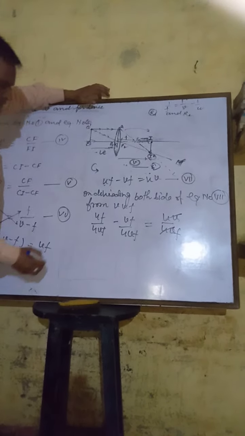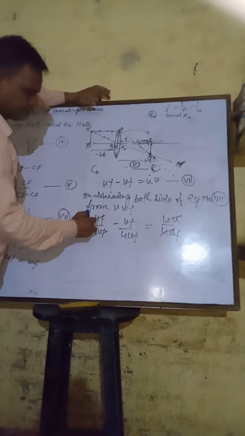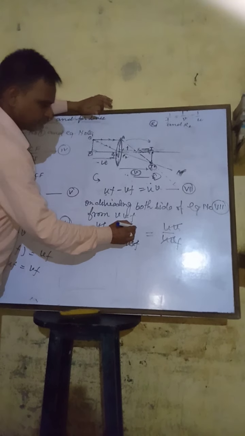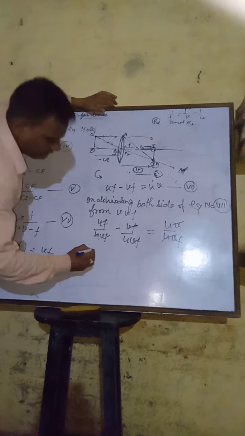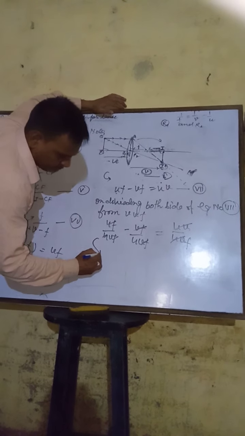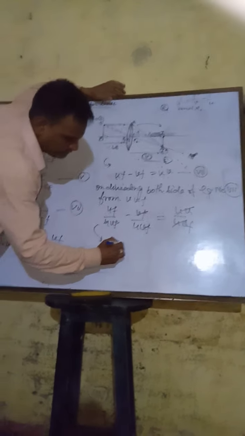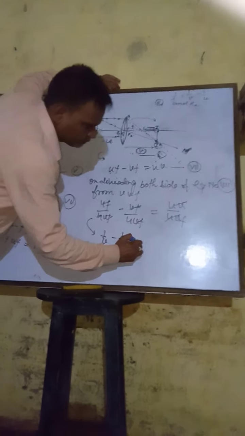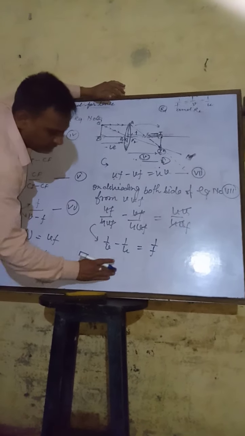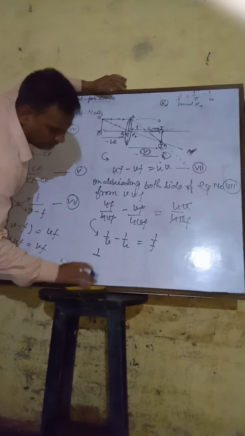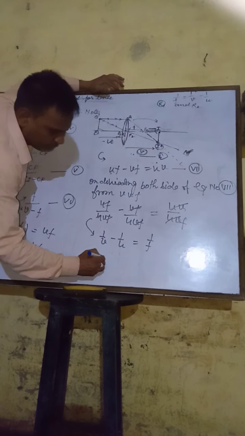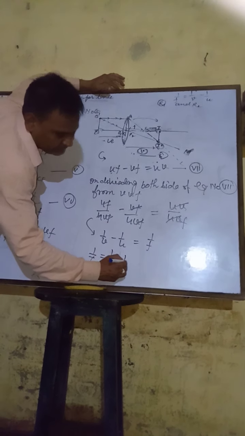Here uf cancels, vf cancels and uv cancels. In the further step, we will find 1 upon v minus 1 upon u is equal to 1 upon f. So that 1 upon f is equal to 1 upon v minus 1 upon u.